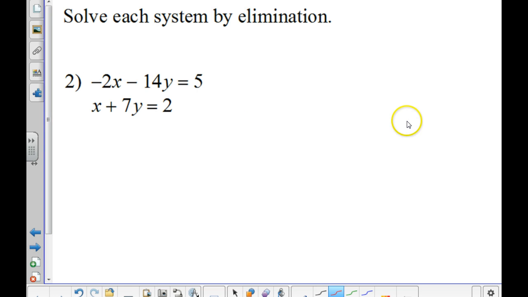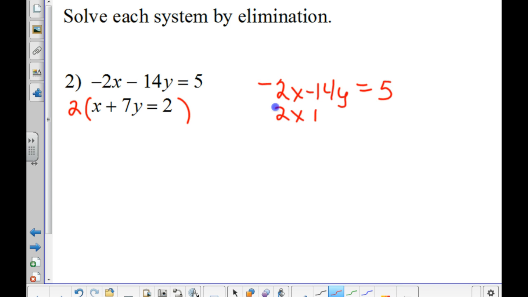All right. Solve by elimination. I put that in there because this one may come out weird. If we multiply the bottom one through by a 2 and try to add them together, what happens? Everything over here drops out, or you could say 0x plus 0y equals 9.